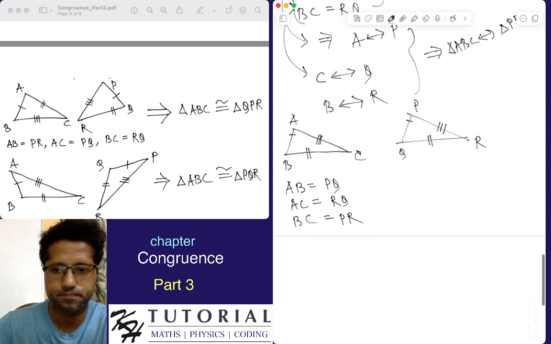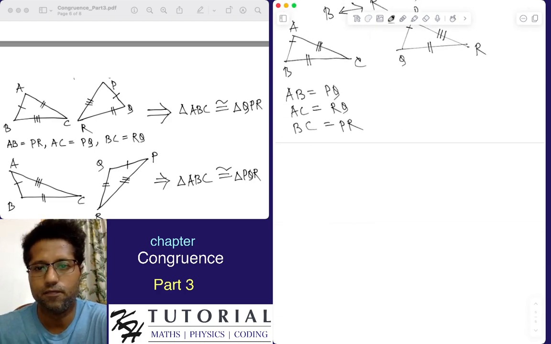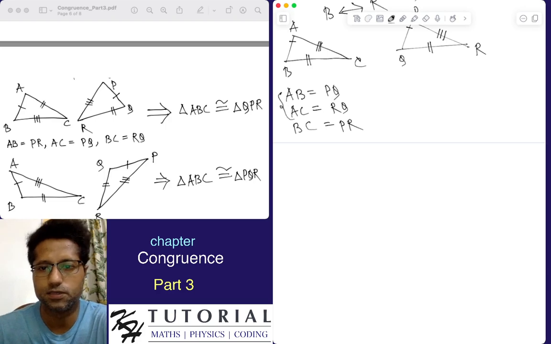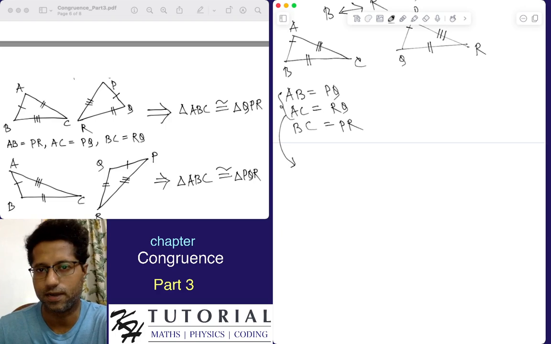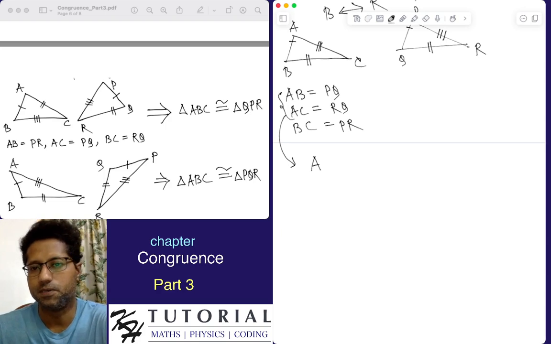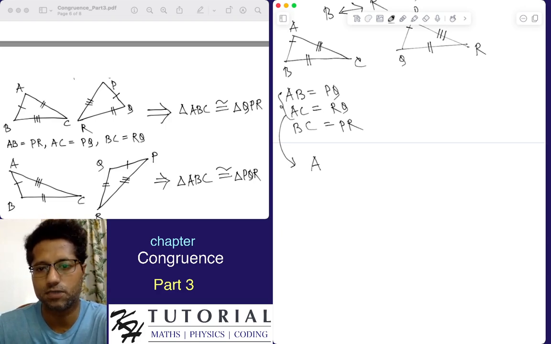Now you see, if I take these two, I see what are the common points. For the triangle ABC, in sides AB and AC, the common point is A, and in the sides PQ and RQ, the common point is Q. So we know that there is a mapping between A and Q.